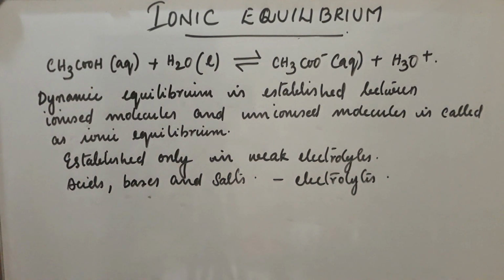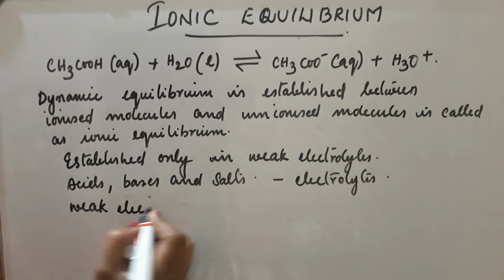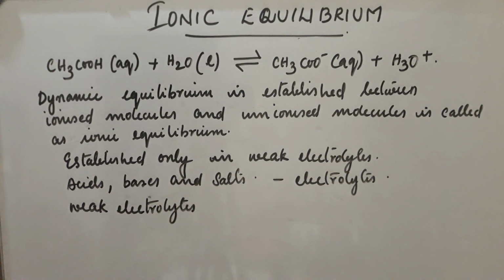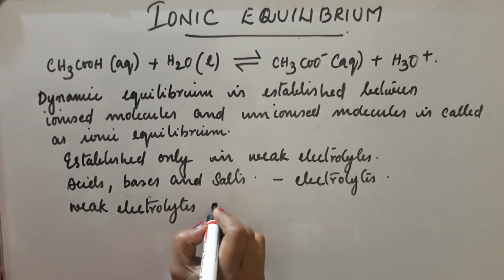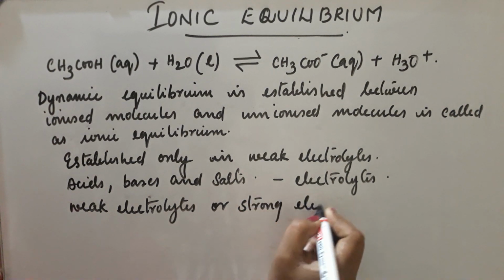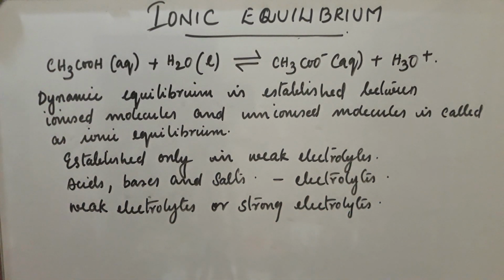These electrolytes are either weak electrolytes or strong electrolytes. Here the weak electrolytes give dynamic equilibrium because they are partially ionized. This much about ionic equilibrium.